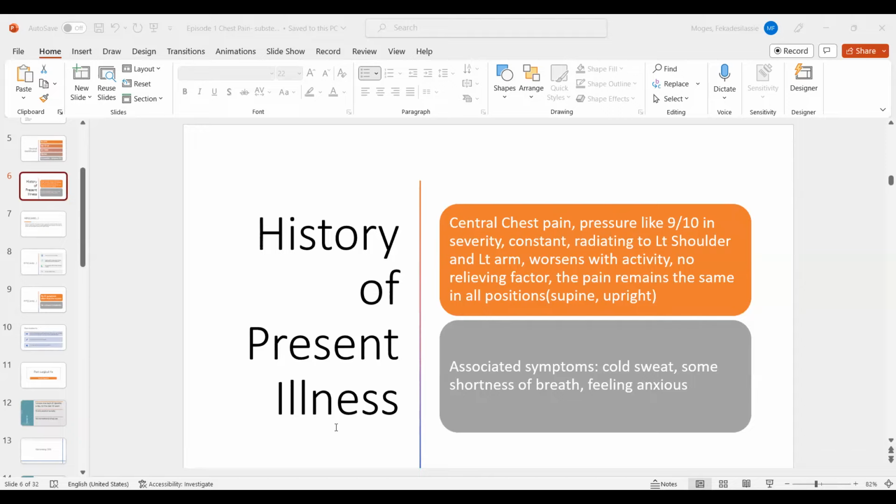You can ask something else as a risk factor if you are thinking about immobility. But the patient told you, I was apparently healthy, I was fine, I was in the office. So indirectly he told you that he was not inactive for a long time. But if that information was missing, you can ask, did you have any recent history of immobilization?